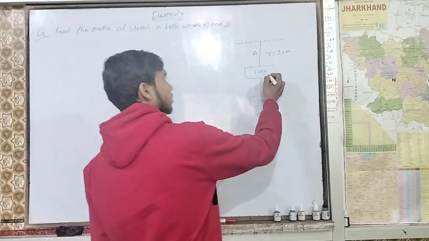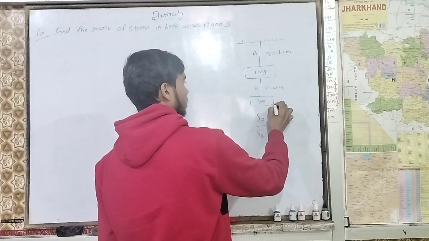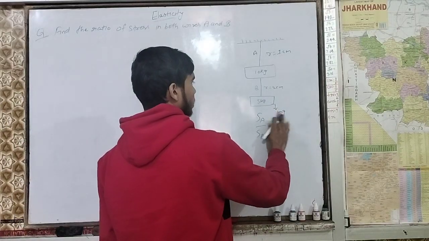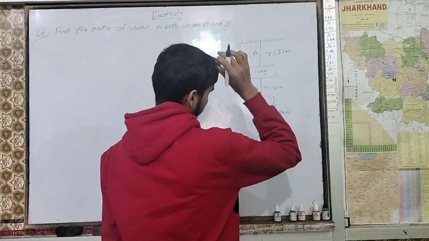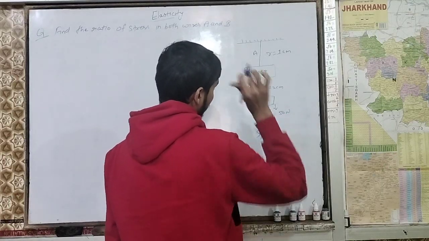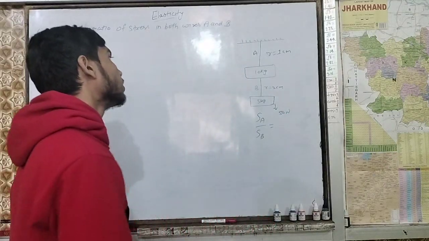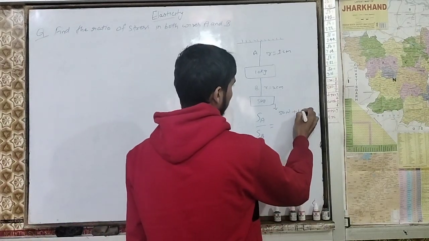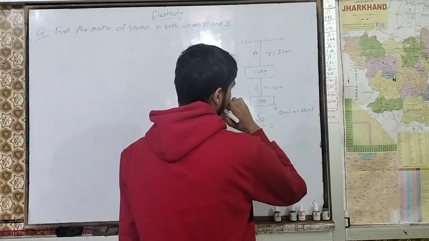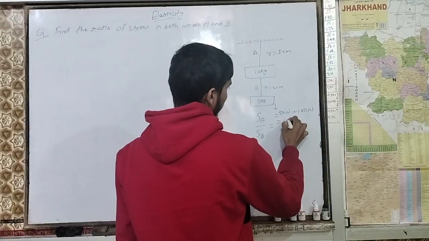So over here, it will have mg, which is 50 Newton, plus 100 Newton, which will be how much? 150 Newton.